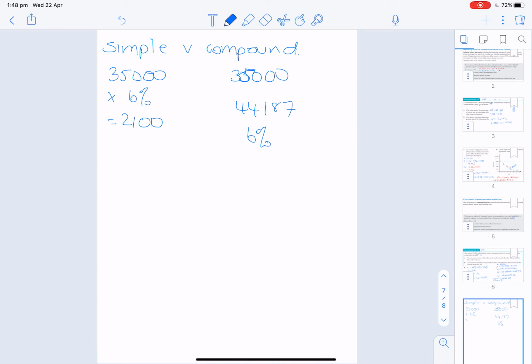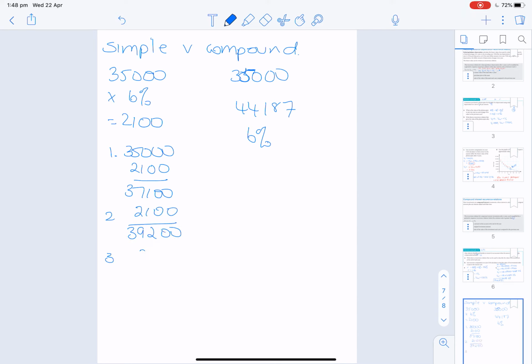So at the end of the first year, add 2,100. We get 37,100. Second year, we add another 2,100, 39,200.